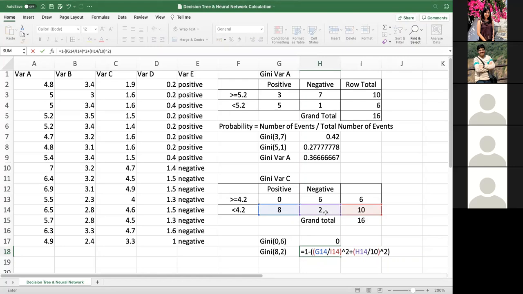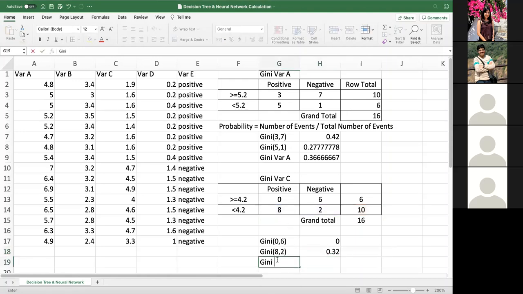If one of the elements is 0, you don't need to calculate, it will be 0 itself. So Gini of 0, 6 is 0. That means one node will be a terminal node, the other node will be a decision node. And Gini of 8, 2 will be 0.32.